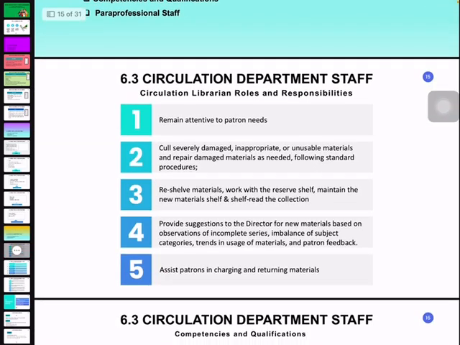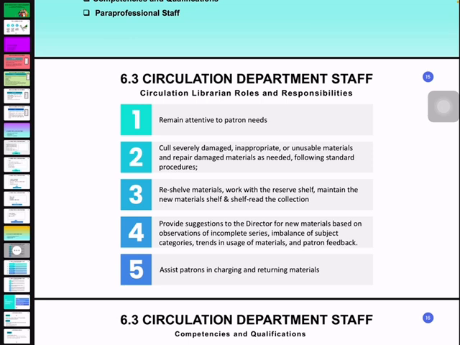Okay, for the circulation librarian roles and responsibilities, they need to remain attentive to patron needs. Kena aware, you need to focus on what the needs of your customer are. And then cull severely damaged, inappropriate or unusable materials and repair damaged materials as needed, following standard procedures.